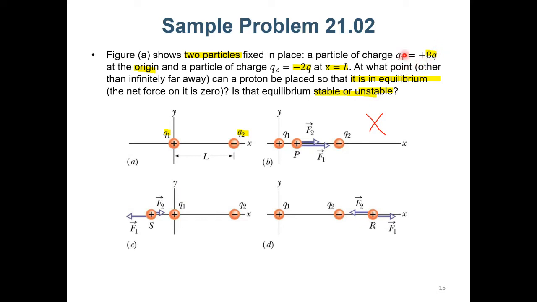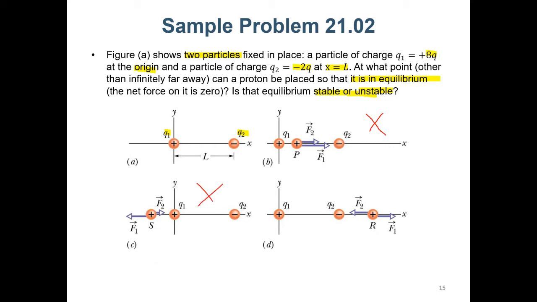However, Q1 is positive 8Q, Q2 is negative 2Q, so this one is stronger and this one is weaker. And actually, this proton is closer to Q1 rather than Q2, which means that F1 must be larger than F2. So in this case, the net force cannot be 0. So we reject this case too.